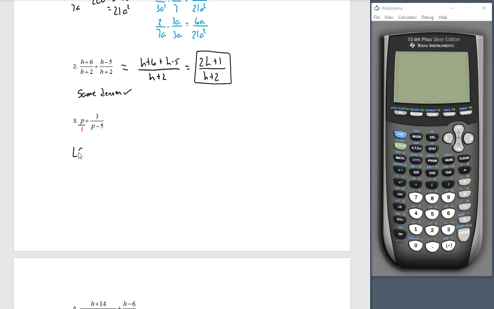So it looks like my least common denominator will be that p minus 5. So how can I rewrite p over 1 to have a denominator of p minus 5? Well, I need to multiply both numerator and denominator by p minus 5. That's p squared minus 5p.